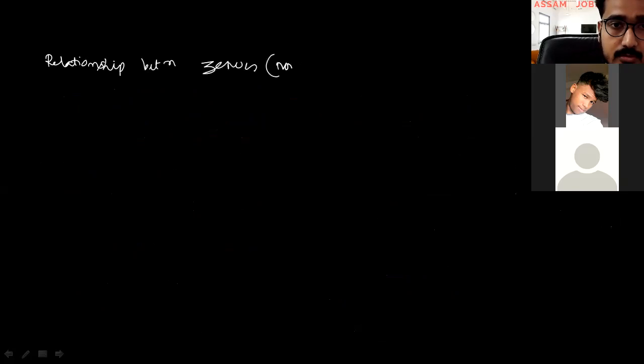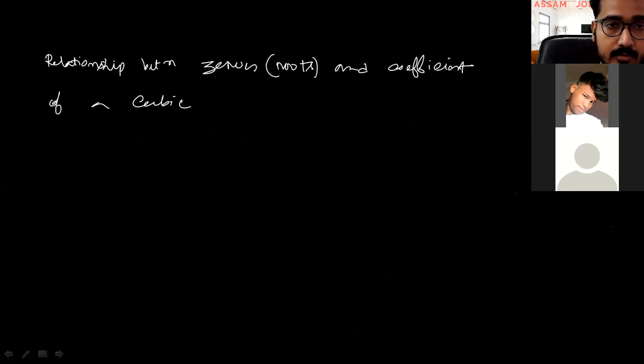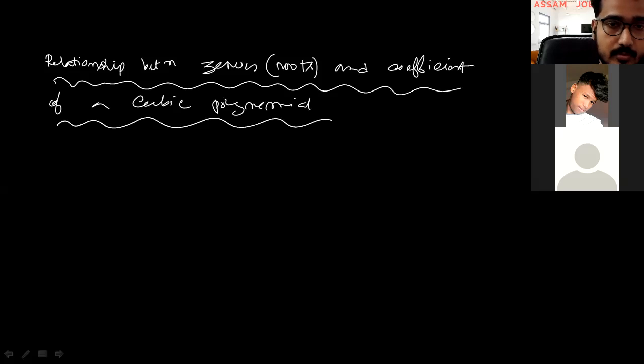Okay. So next, write down the relationship between zeros or roots and coefficients of a cubic polynomial.